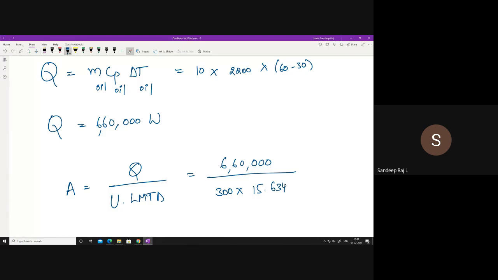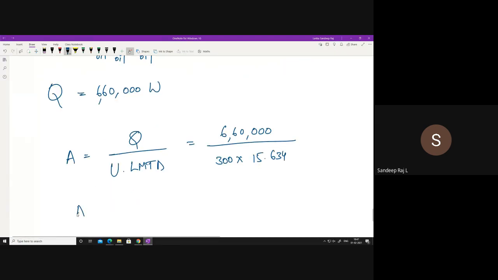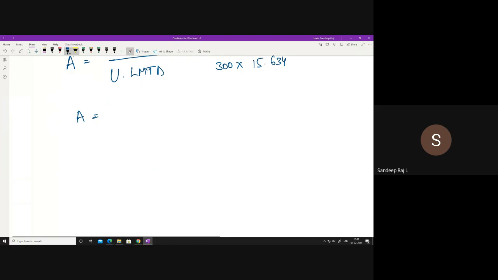So tell me what is the area? Please calculate and tell me. Meanwhile, I'll proceed to the counterflow heat exchanger. 140.71 meters square. That is the area. That's what he's actually asking you to find in the question.